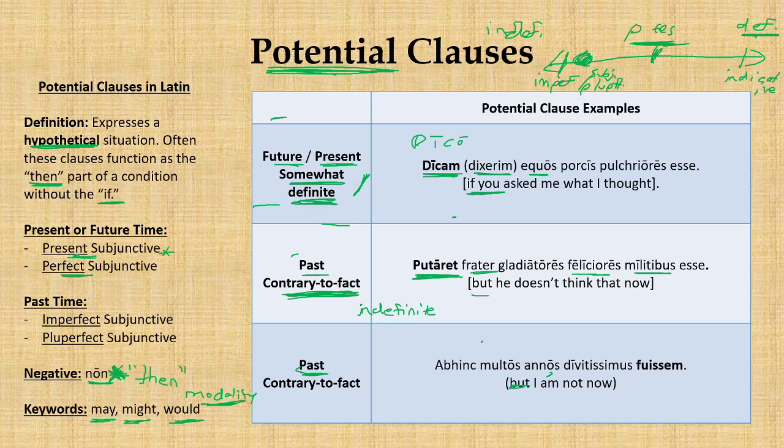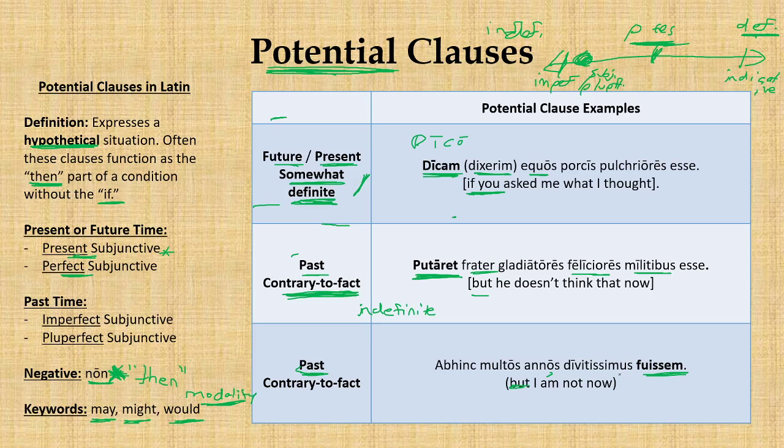So when we look at this example of the pluperfect, I have fuissem here, ab hinc multos annos divitissimus fuissem. So many years ago, I would have been a very rich man, but I am not now. So this is also something that's taking place in the past, but it's something that is definitely not.